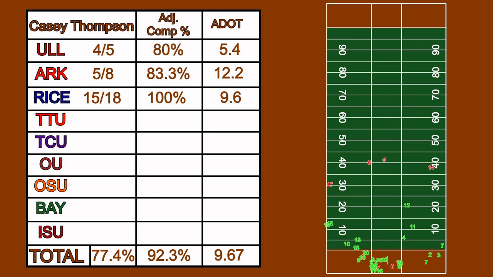Another thing I want to talk about is Casey Thompson. His attempts don't qualify him to be in that, but he's at the top of the country in completion percentage. And I would assume, without looking at it all, that his adjusted completion percentage is at the top, if not the best in the country.